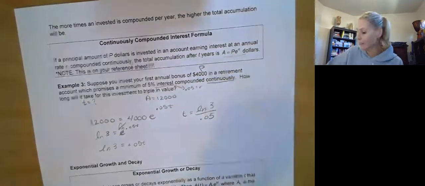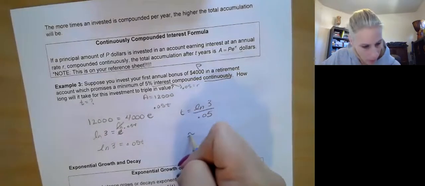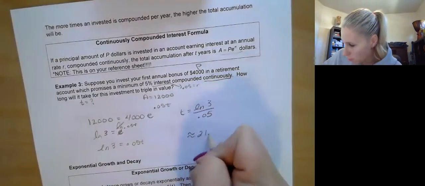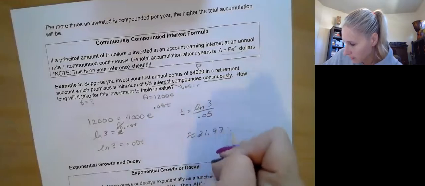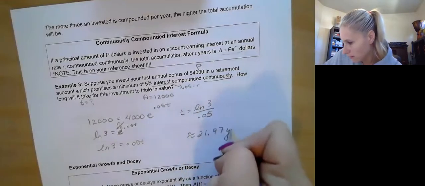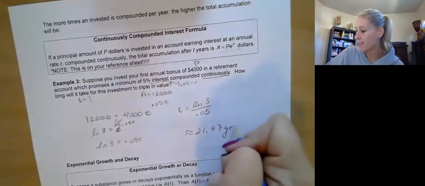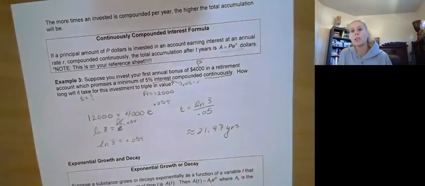Do that in our calculator, and we end up with 21.97 years. So almost 22 years to triple your money. Now, just to tell you, that's if we only did the 4,000 bonus and we did not add anything else into it.